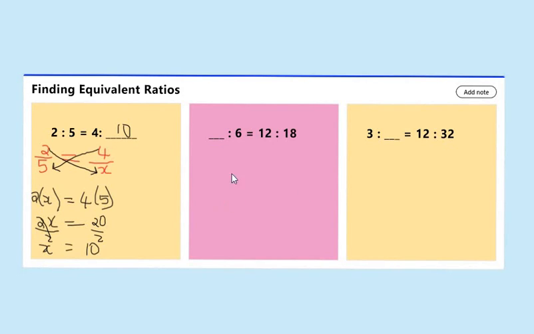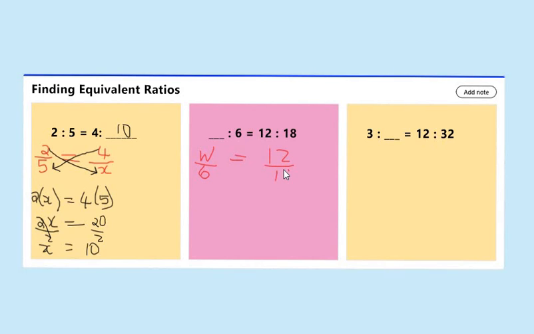Let's do one more example. We don't know what this unknown is, so let's use the variable w. Doesn't matter. w over 6 is equal to 12 over 18.